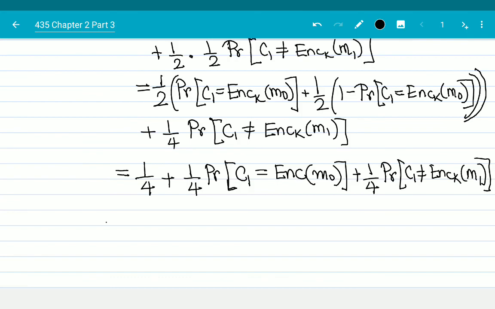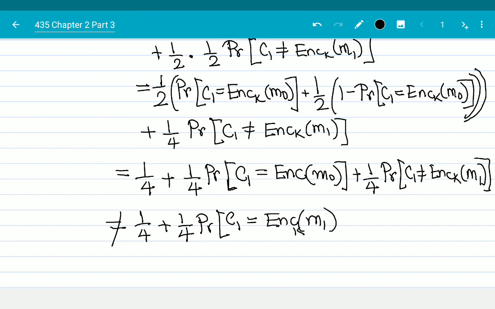And now we use the fact that this is not equal to the probability that C1 is equal to encryption of M1. The starting assumption on the way my M0 and M1 were chosen was that these two probabilities are not equal, that C1 is the encryption of M0 and C1 is the encryption of M1 are not equal.